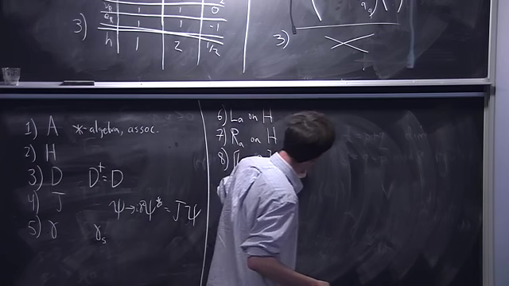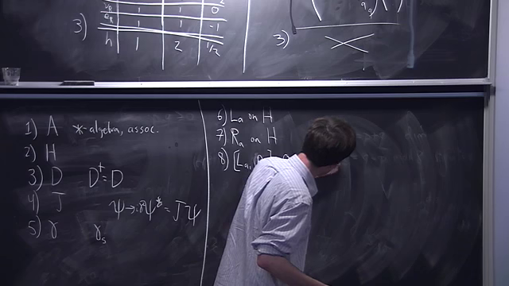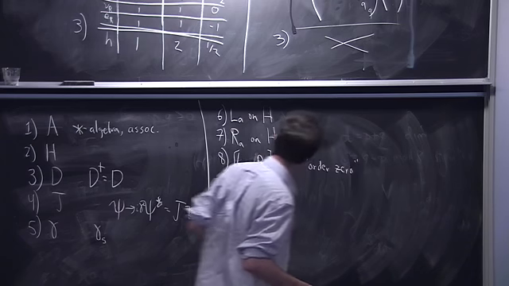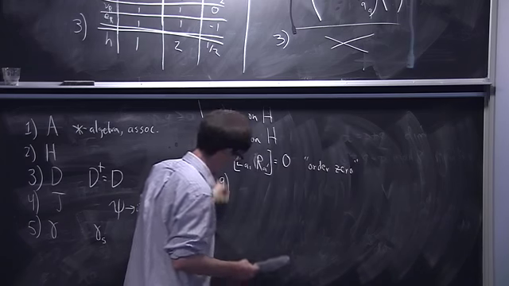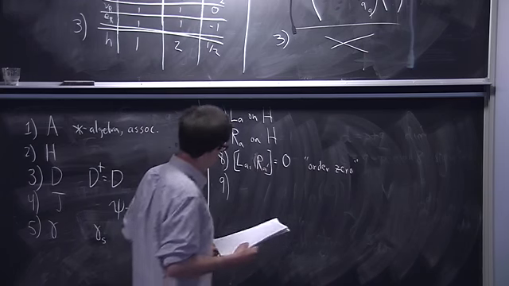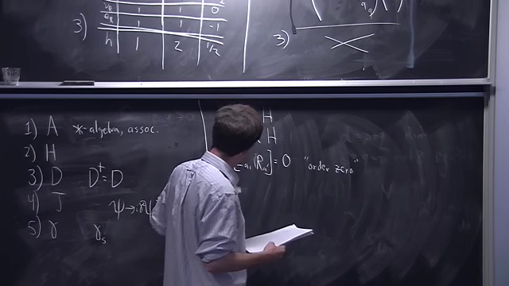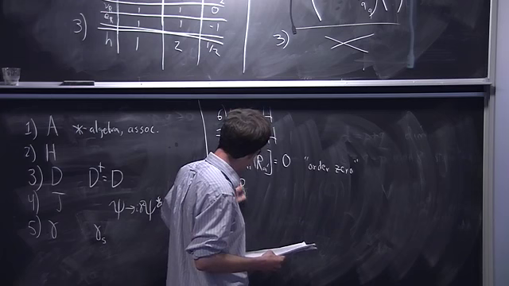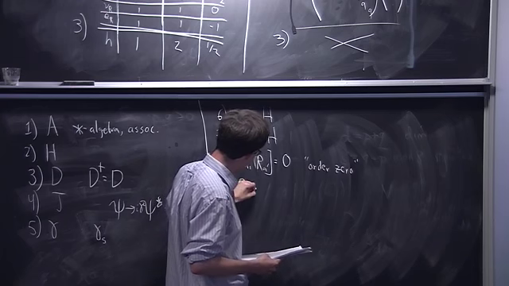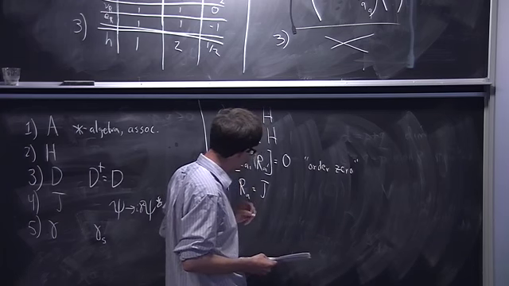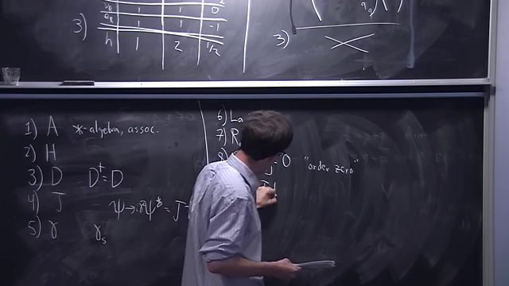That's usually known as the order 0 axiom. Then the left and right actions are normally taken to be related, not independent of one another, via the antilinear operator J in some way.